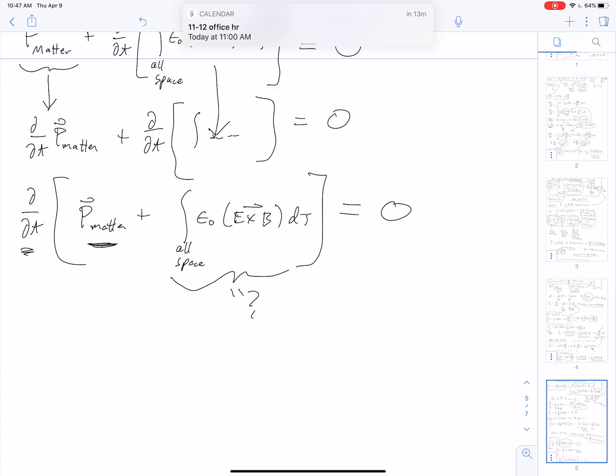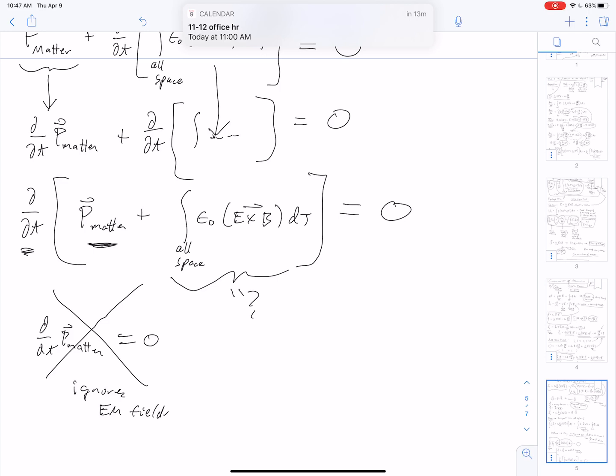Because normally you would have thought that I would just say d/dt of p, the time rate of change of all the matter in my little universe, is equal to 0. That's what you would have thought, because momentum is conserved. And if I have all my material in my little pocket universe, then I should have d/dt of p matter equals 0. But this is not true, because this ignores the electromagnetic fields.